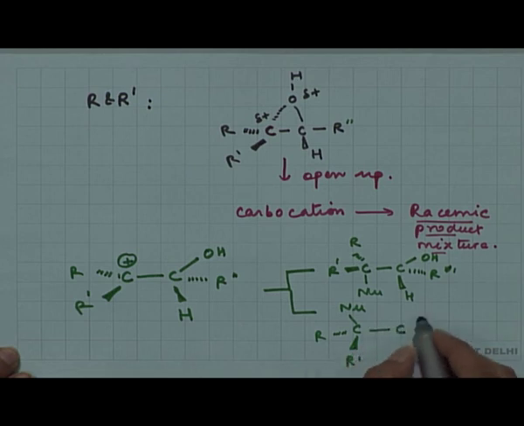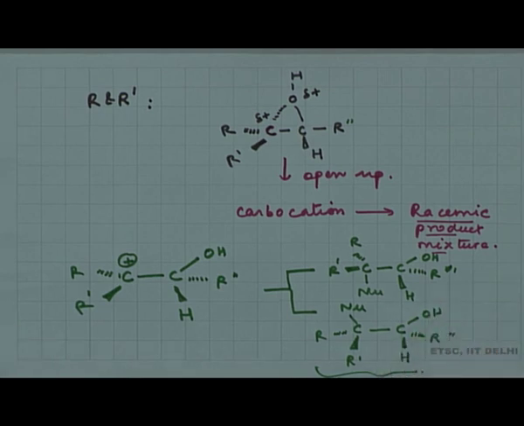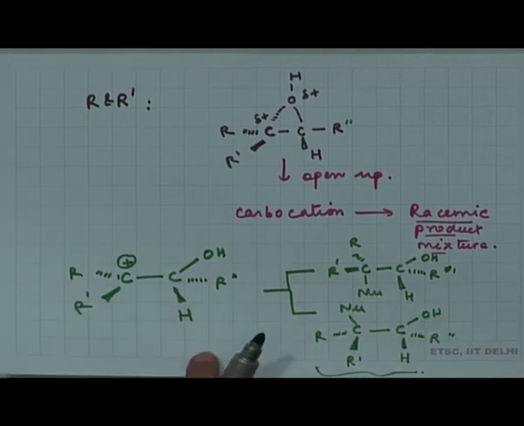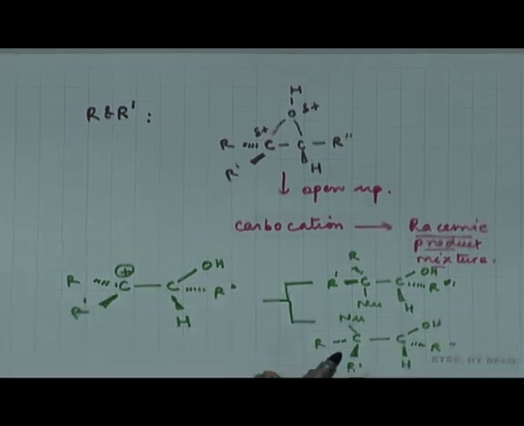So, you get the mixture of these two products if, during the reaction, this intermediate opens up.